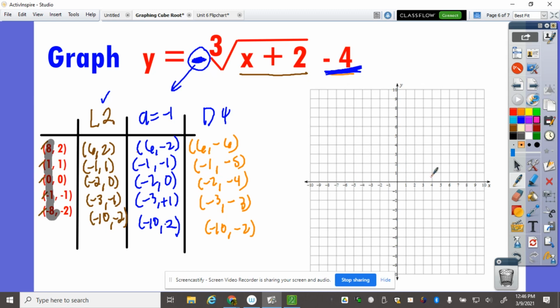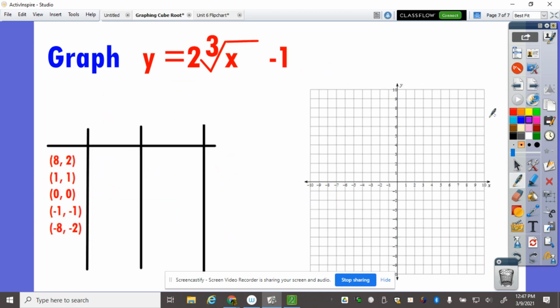Now we plot the points. (6, -6) is right here, (-3, -3), (-10, -2), and (-2, -4) right there. And then we connect them all. And that's our graph.